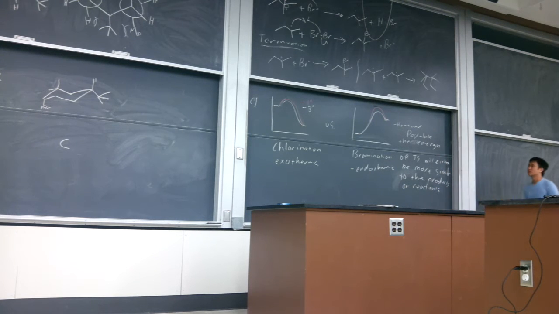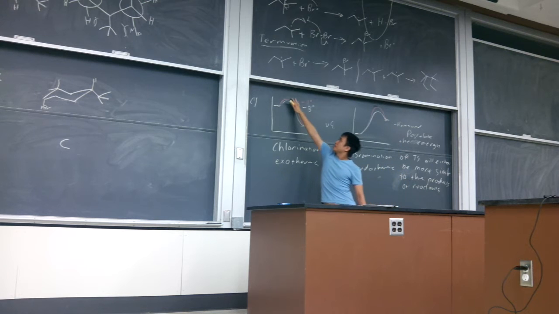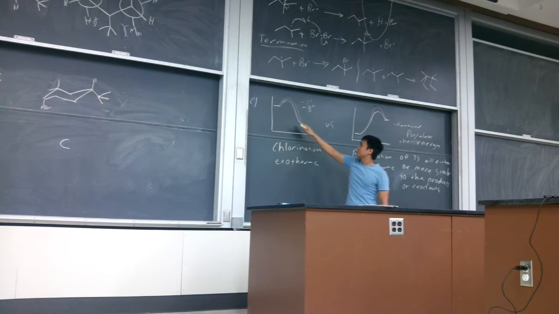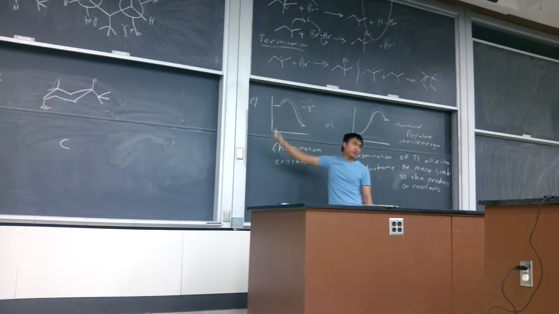Okay? And so when the reaction is endothermic, the transition state will be more closely associated with the product than in an exothermic reaction where the transition state here is more closely associated with the starting material.